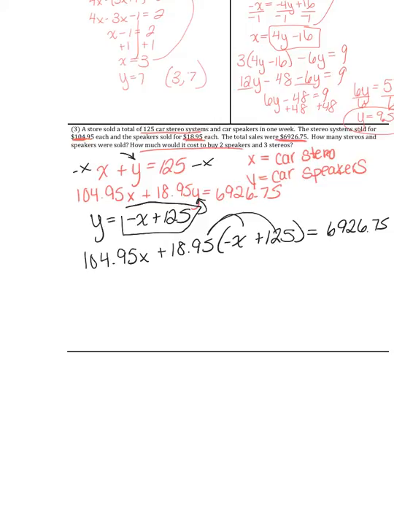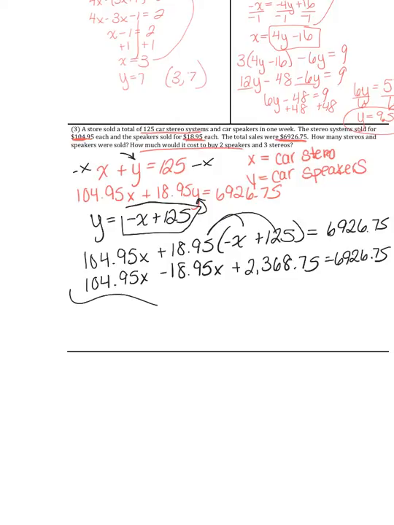I'll distribute the 18.95. And let's see, that's going to give me, obviously, negative 18.95x. I didn't calculate this one. Let's see. So 18.95 times 125 is 2,368.75. And, of course, bring down the 104.95x is equal to 6,926.75.